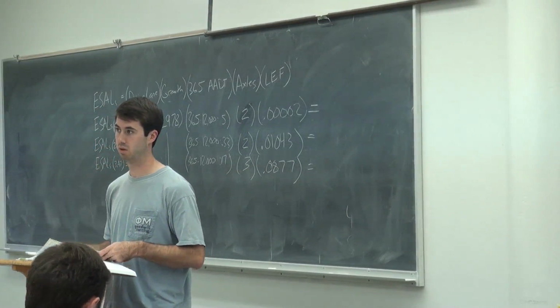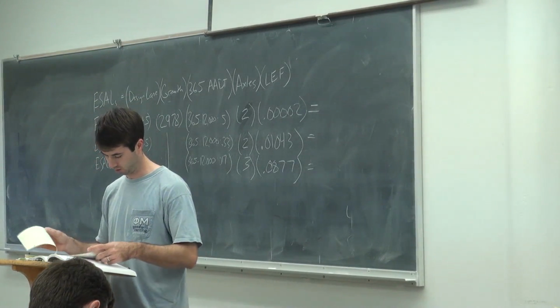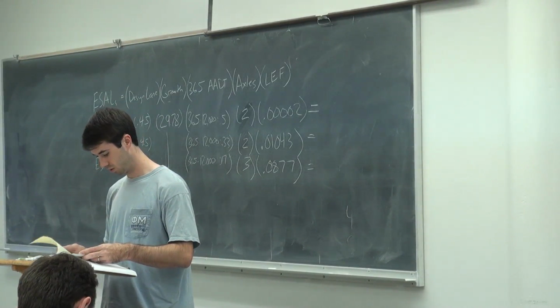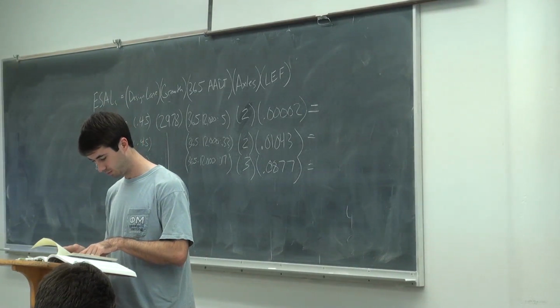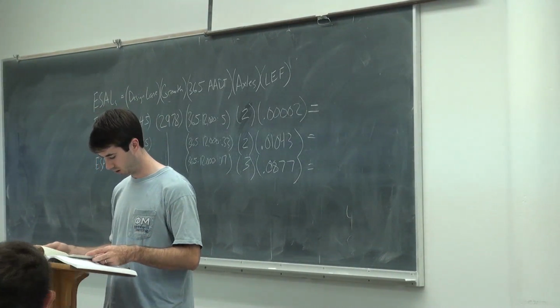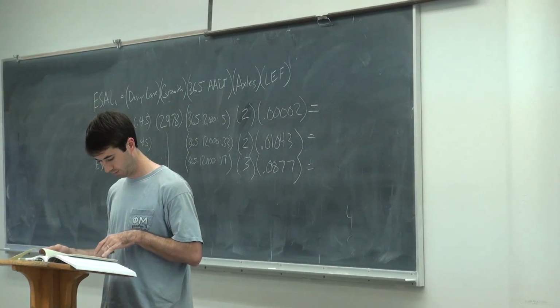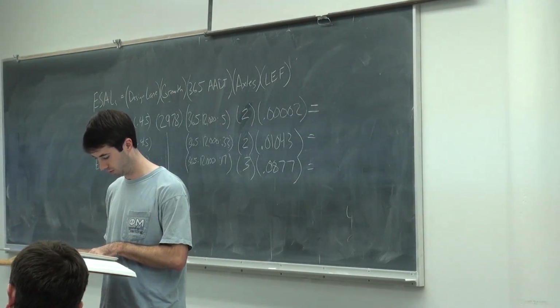Everybody see that? 0.48. You said 60%. 60%. 0.48, that's right. 30% looks like it'd be 0.1 something. 10% would be about 0.03.